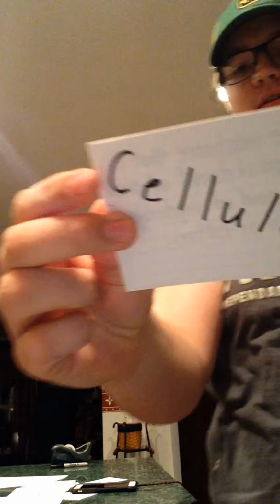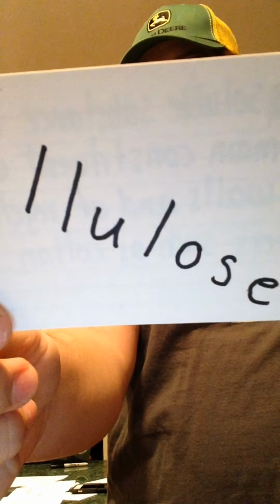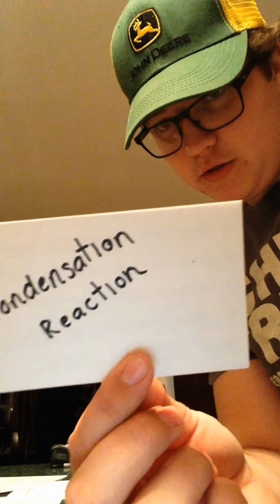Next we got cellulose, an insoluble substance that is the main constituent of plant cell walls and of vegetable fibers such as cotton. We got that condensation reaction, a reaction in which two molecules combine to form a large molecule, producing a small molecule such as H2O as a byproduct.